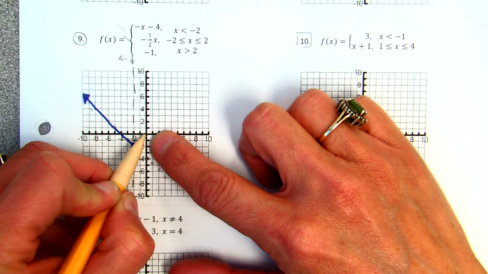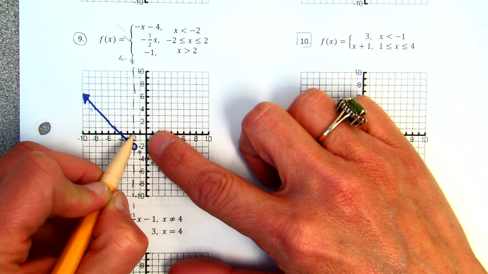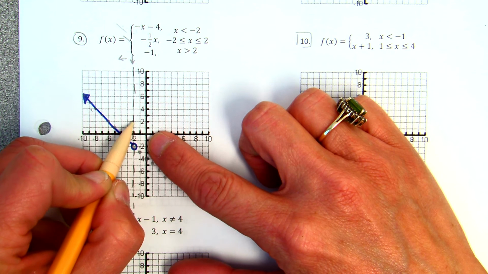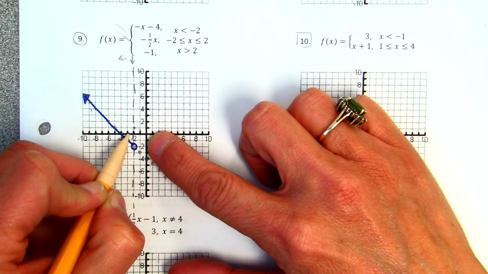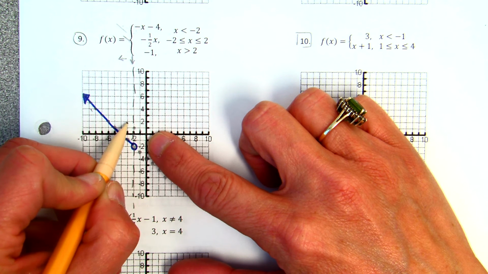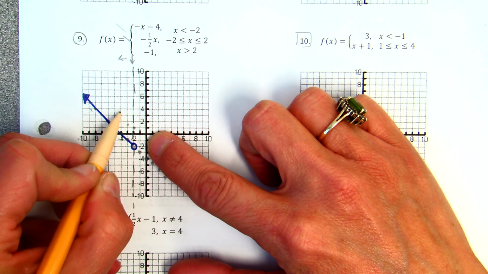So I'm going over 1, up 1/2. Over 2, I'm normally up 2, times 1/2 is 1. Over 3, normally I'm up 3, but 3 times 1/2 brings me to 1 1/2. Over 4, normally I'm up 4, but 4 times 1/2 is 2.